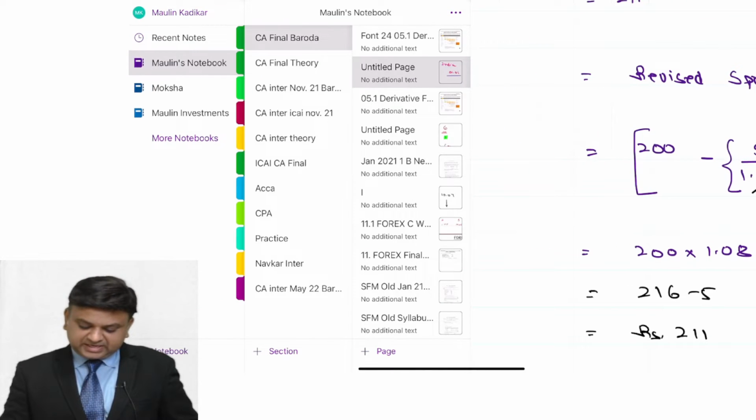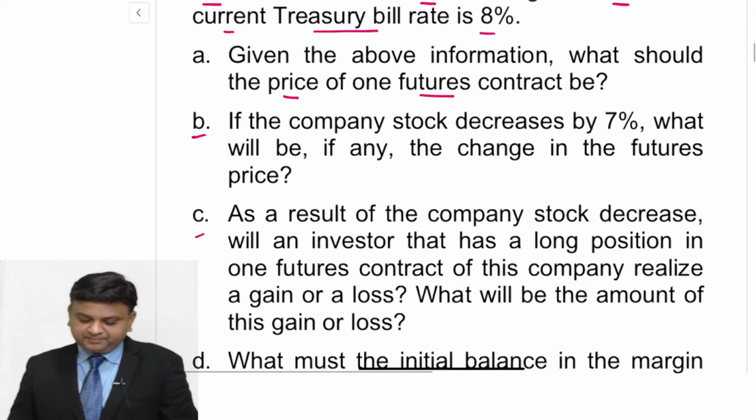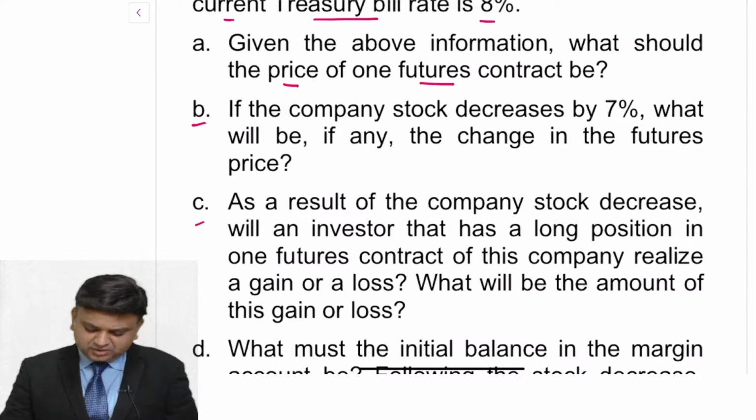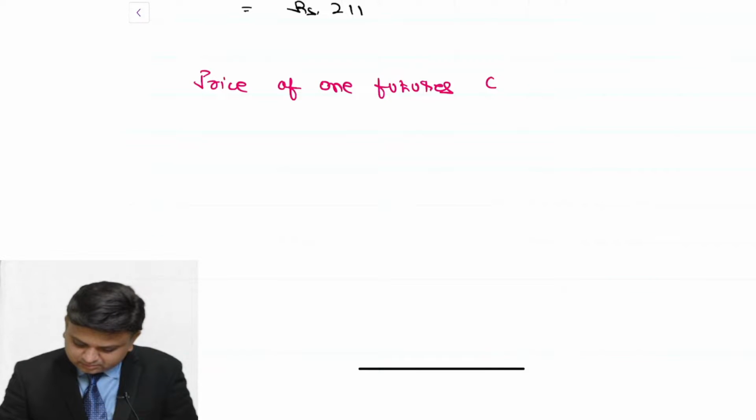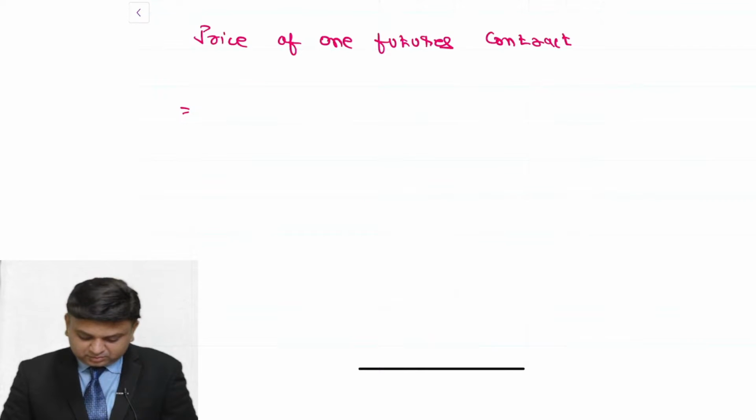Language of the question speaks that you are required to compute the price of one futures contract. So from examination point of view, you just have to write the answer like this: price of one futures contract is equal to F price, futures or forward price, into lot size.